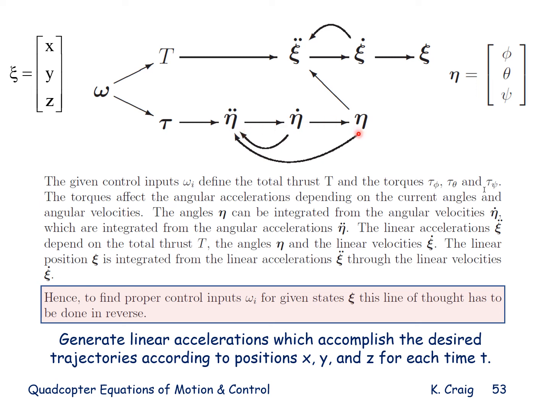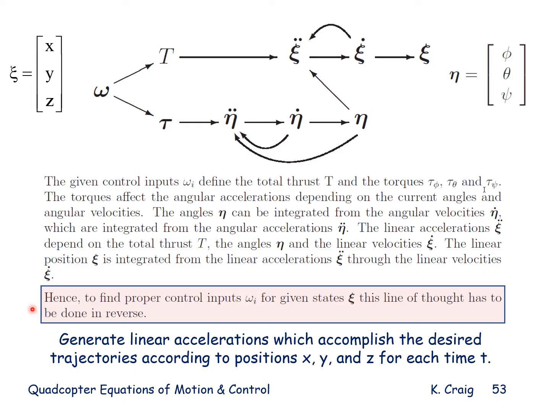The angles eta can be integrated from the angular velocities eta dot, which are integrated from the angular accelerations eta double dot. The linear accelerations zeta double dot depend on the total thrust T and the angles eta and the linear velocity zeta dot. The linear position zeta is integrated from the linear acceleration zeta double dot through the linear velocity zeta dot.